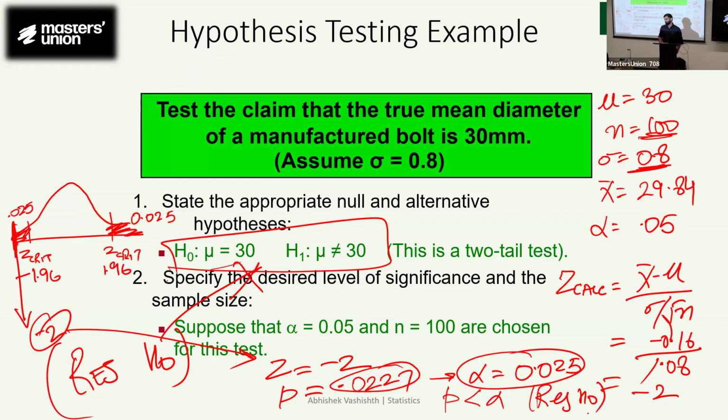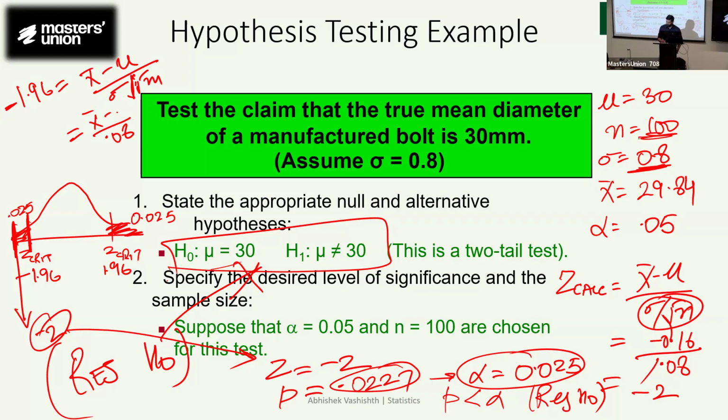You can do one more thing, which is at this 1.96, find out the critical value. Can I do it quickly? I know that negative 1.96 is equal to x bar minus mu upon sigma by root n. Now, you know sigma by root n was coming out to be 0.08.